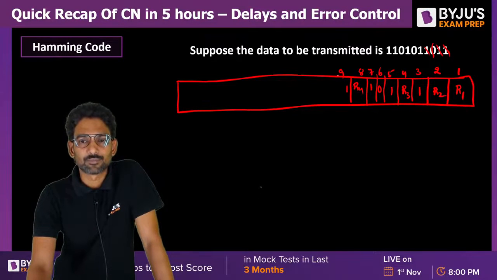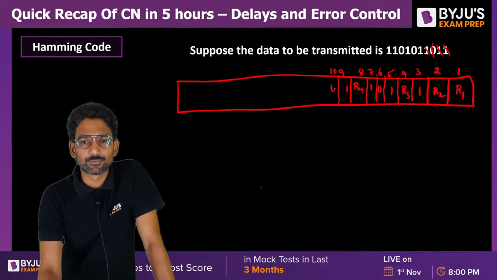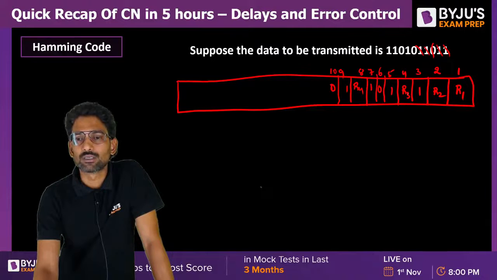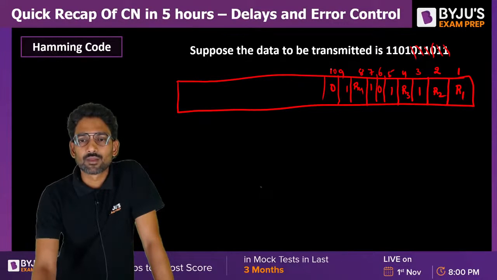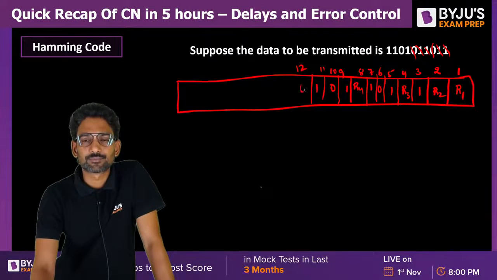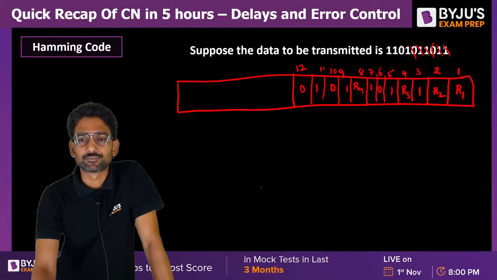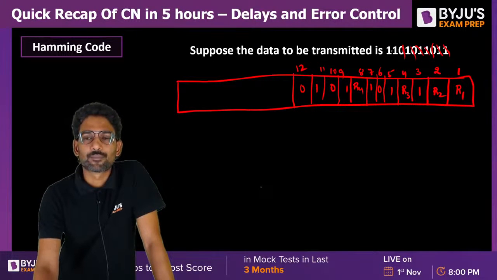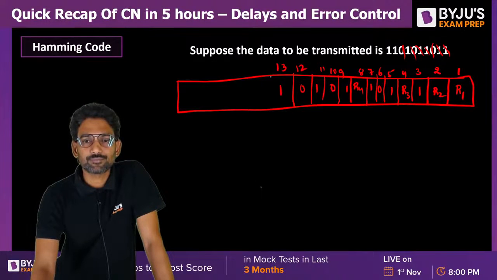So 1. 10th is a data bit position. So 0. 1 1 0 1 1 1 1 0. Now 11th is a data bit position. So 1. 12th is a redundant bit position. 13th is, 14th is 1.